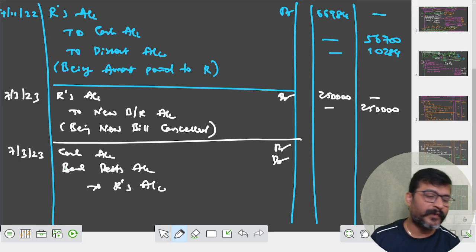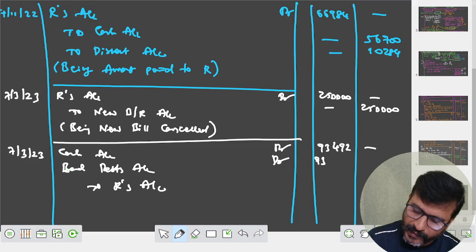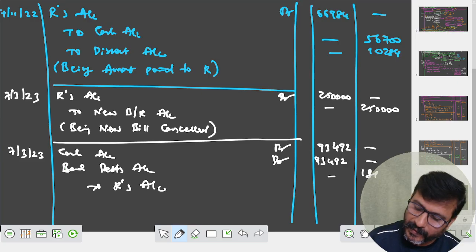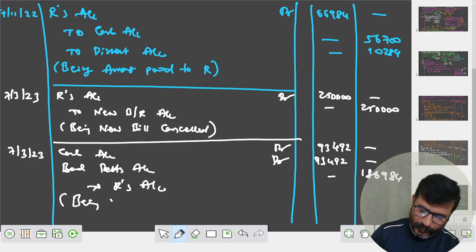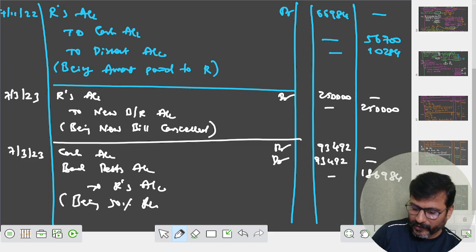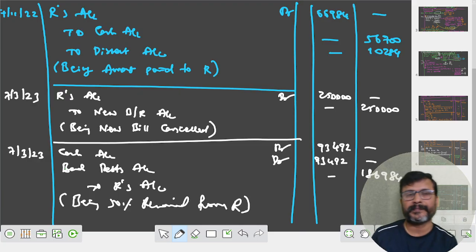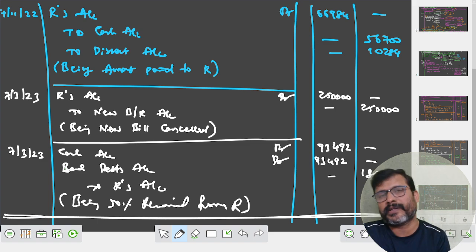How much is recovered from R? 93,492. 93,492. The total is 1,86,984. Being 50% recovered from R. This completes all the journal entries, my dear students.